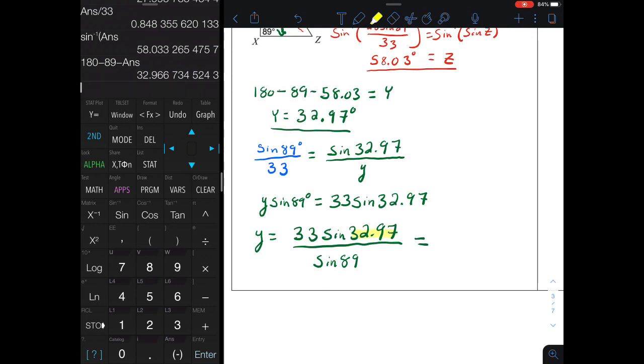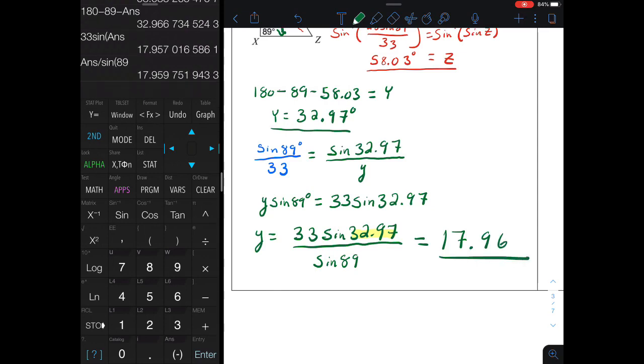So I'm going to go 33 sine of that answer we have for our entire decimal, and then divide that by sine of 89. And we get 17.96 for our answer. All right, so that's solving triangles using law of sines.